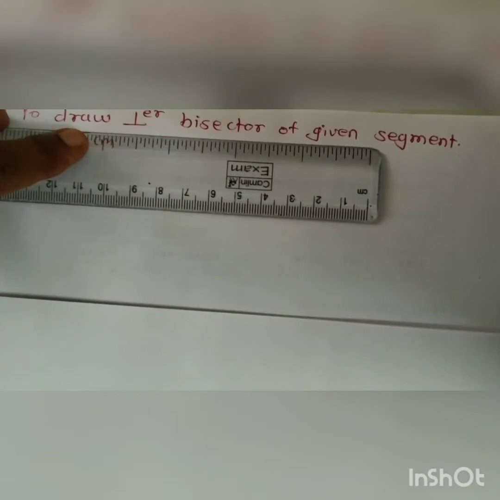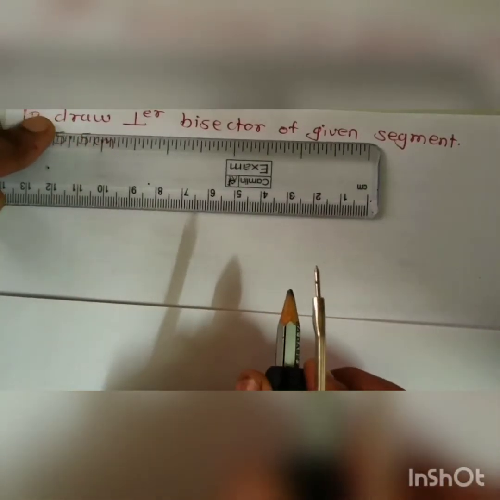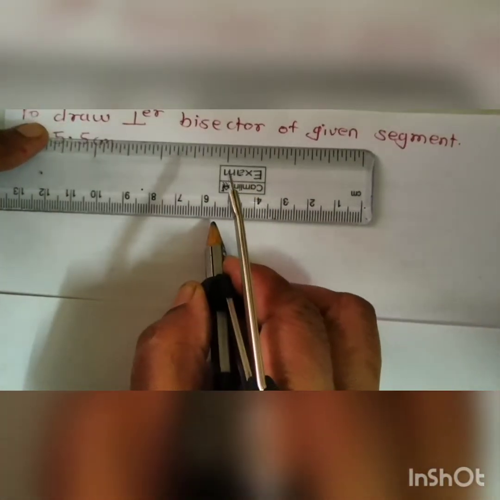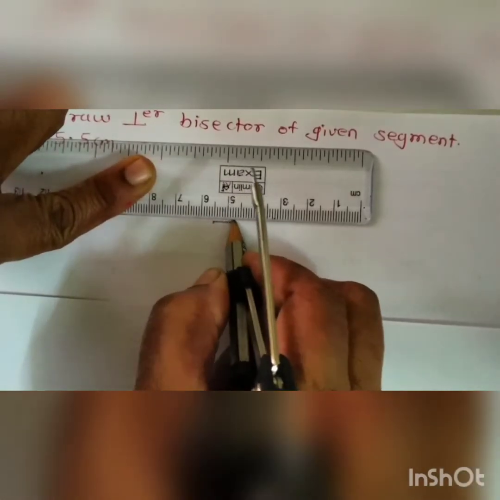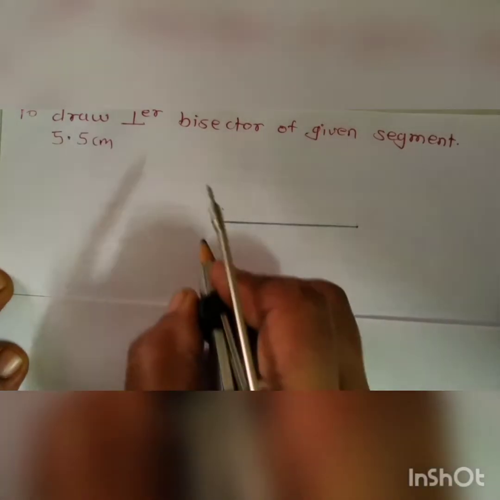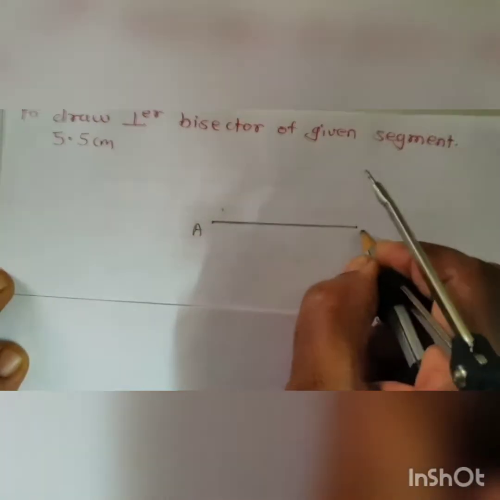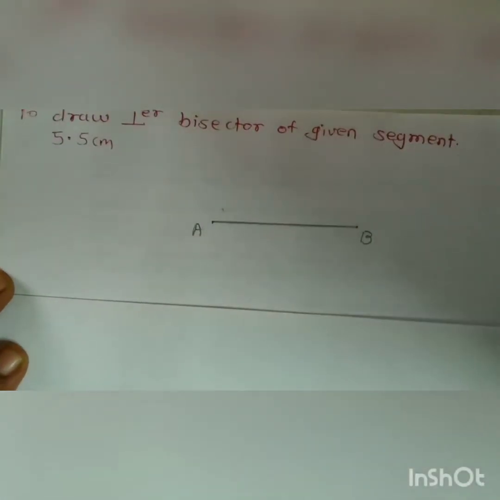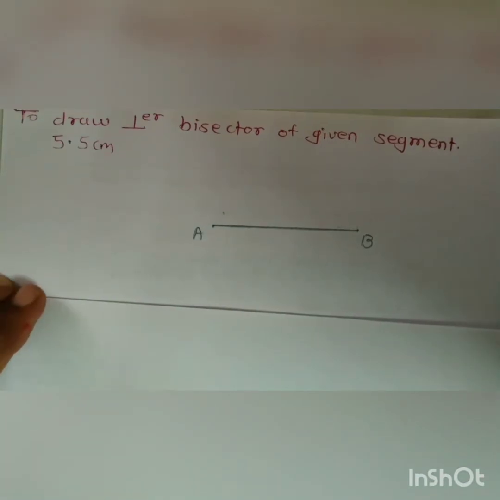This is the segment of length 5.5. When we draw a segment, always remember that at both ends we have to show the points that are end points. Suppose this is point A and this is point B. Now we have to draw the perpendicular bisector of this segment.